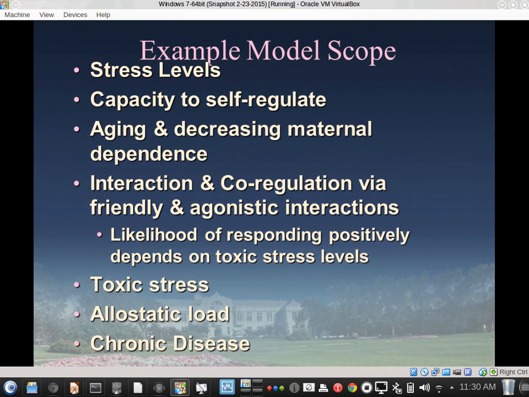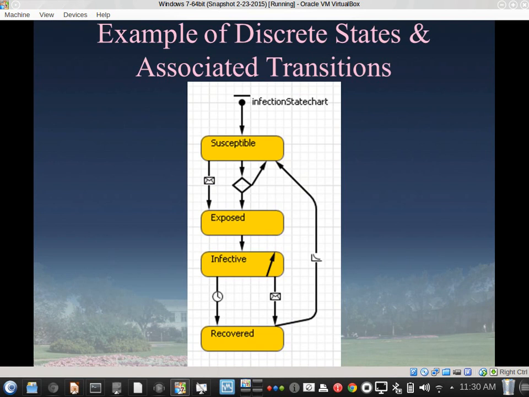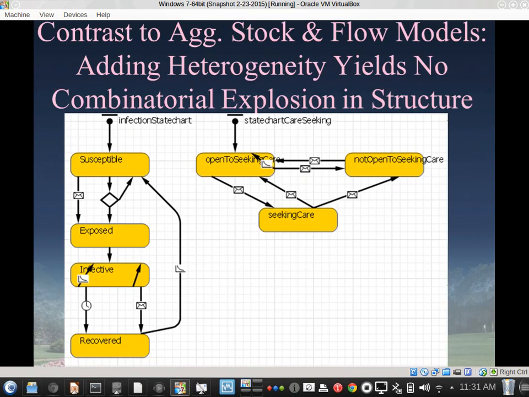Elements of state might be stress levels, allostatic load that's been built up, whether or not they have a chronic disease, and to whom they're connected. Or we might have state associated with whether a person is pregnant or not pregnant, for example. In the infectious disease context, we might divide them into a set of states as to the natural history of some infection. And there might be states associated with care seeking.